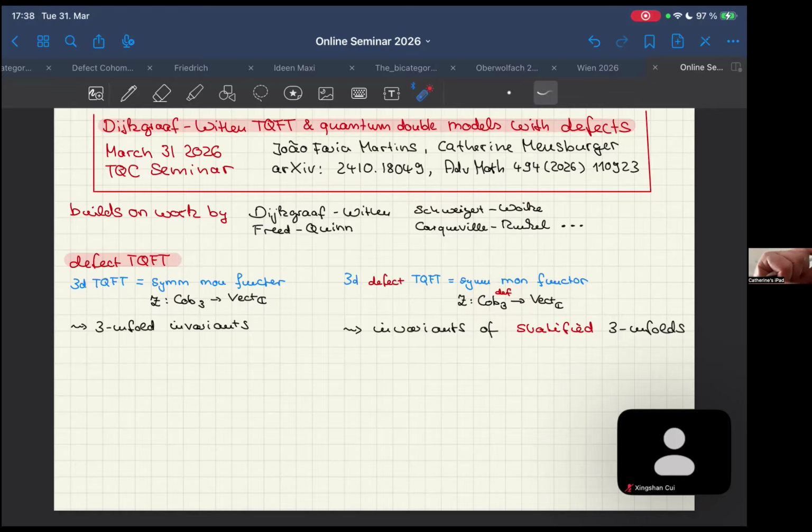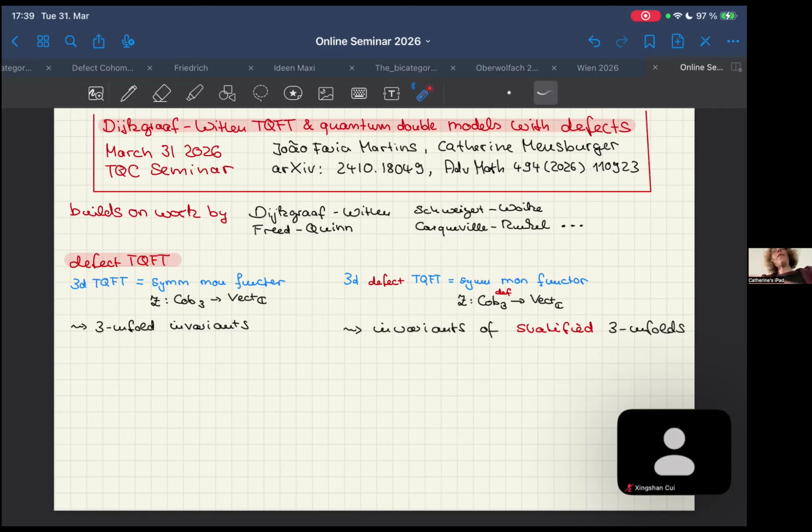And the 3-dimensional cobordisms can be decorated with planes and with lines and with points. So this is no longer just a manifold, but these are stratified manifolds. And a defect TQFT takes this cobordism category with stratifications as the source.